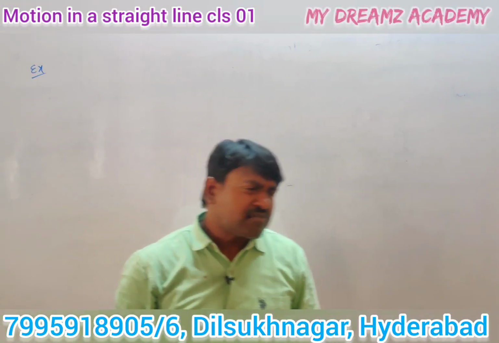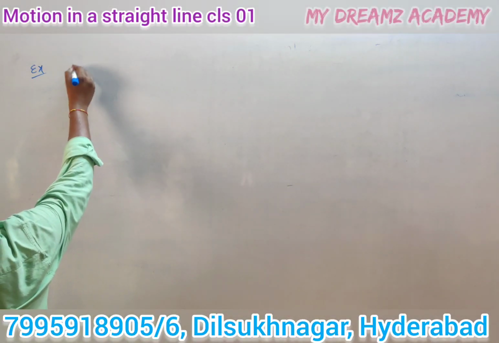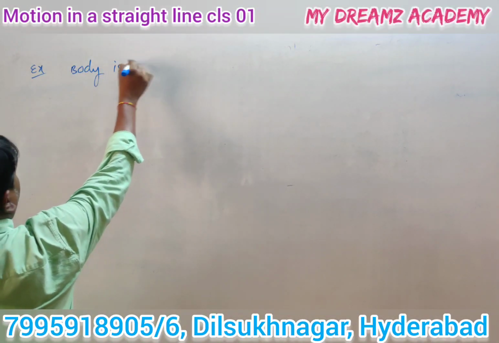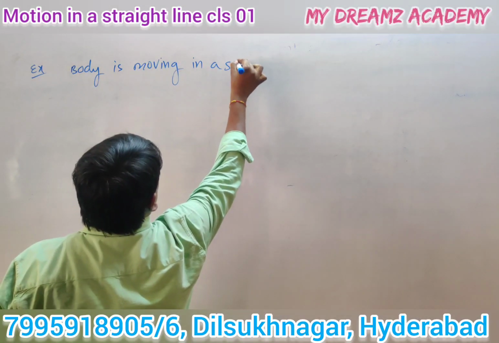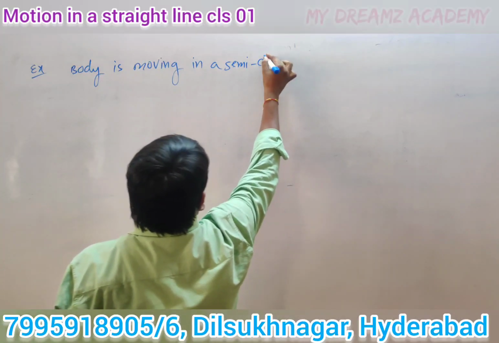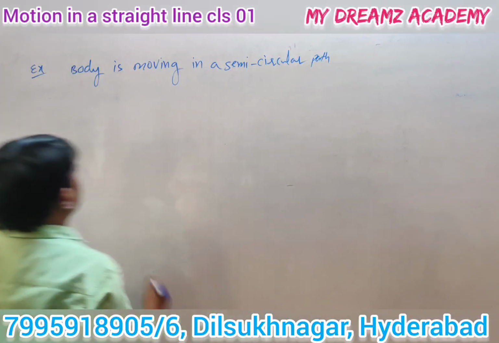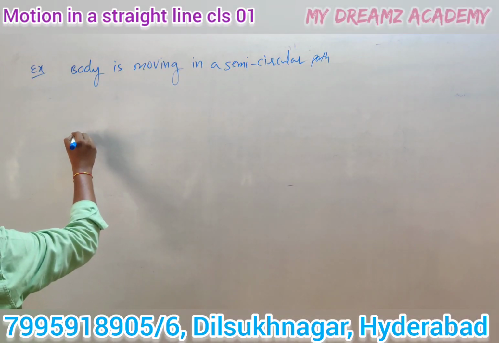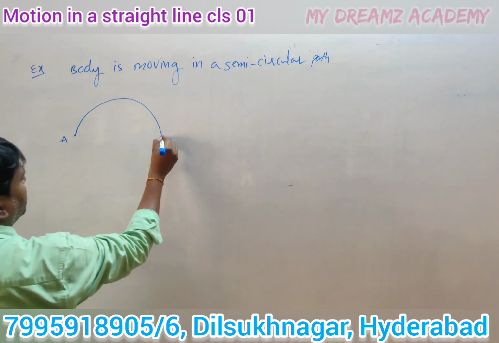Another example. If a body is moving in a semicircular path from A to B like this. This is the initial position and this is the final position.